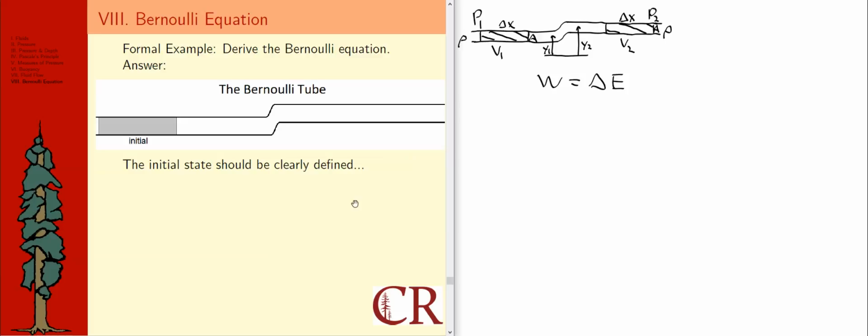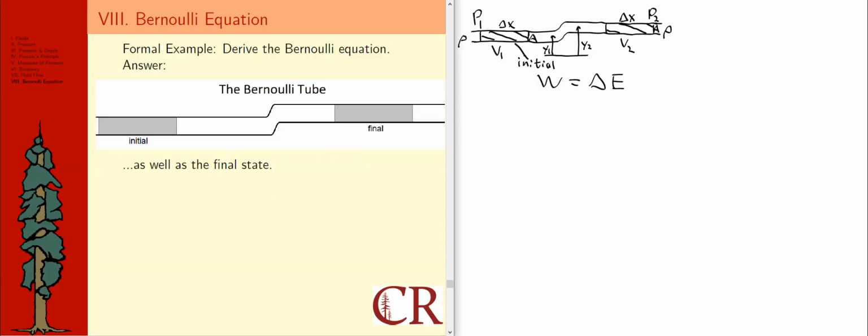The initial state, it says on the slide, should be clearly defined. So this is in general a good idea anytime you apply a formula like W equals delta E. It also applies if you're doing energy conservation, but we definitely want work here. We're going to have work done to this system, but it's always a good idea to define clearly what is the initial state, and it's also a good idea to define the final state.